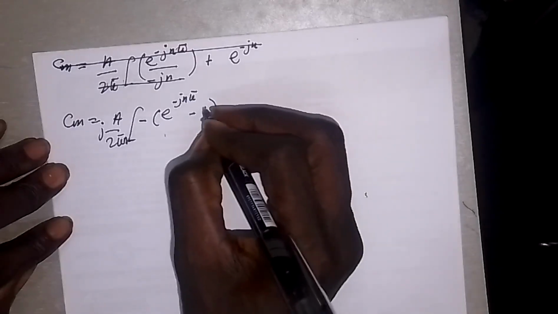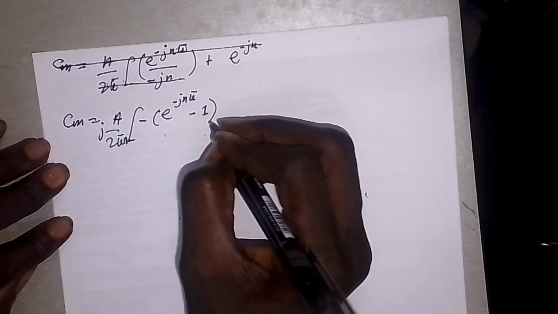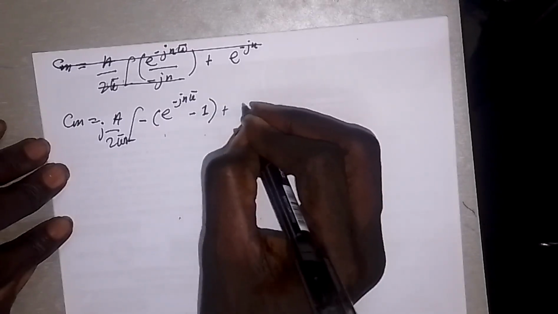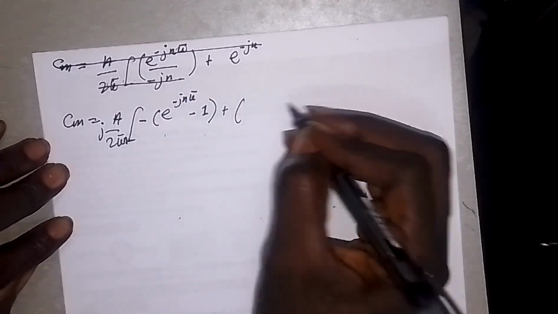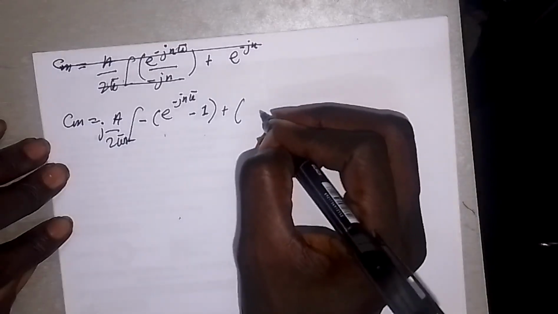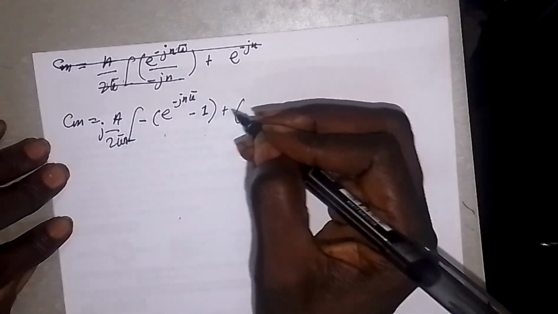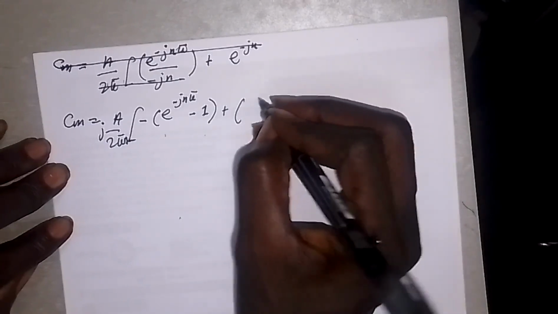Now that was putting in the 0 and then the pi. Now let me put in the pi and then the 2 pi. I have to put in 2 pi first because the 2 pi is my upper limit.